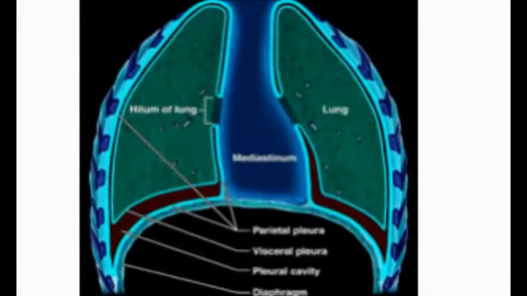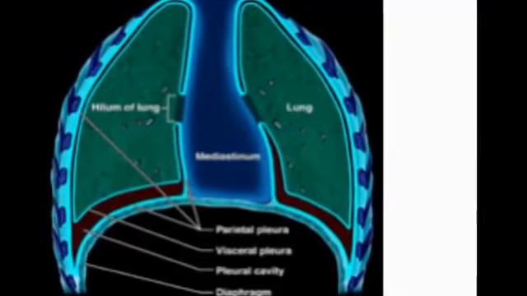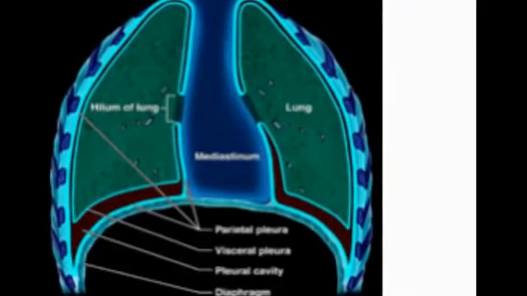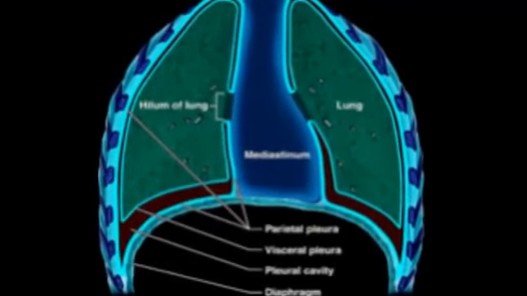Inside of the rib cage, as you remember, we have two lungs, left and right. In the middle of them, we have the mediastinum. In the place of the mediastinum, we have the heart, and that place is also very rich in lymph nodes.